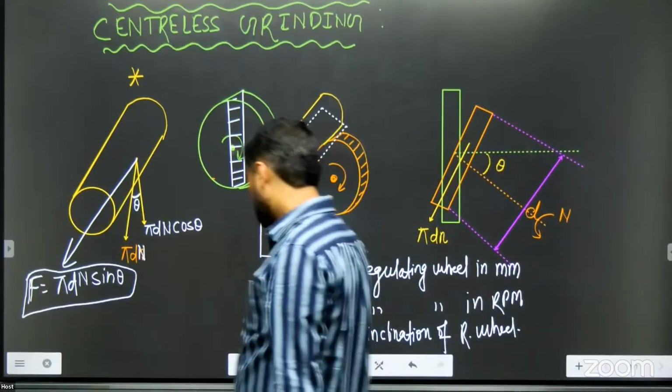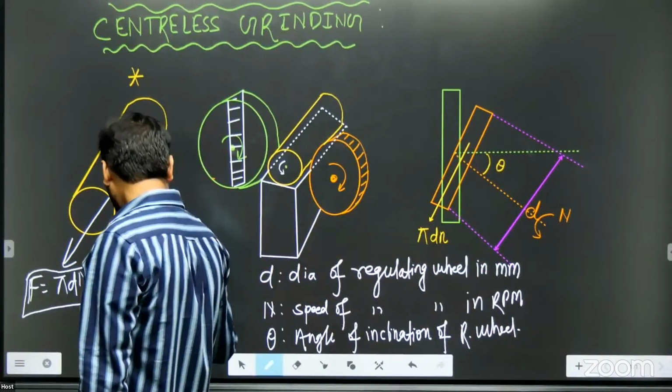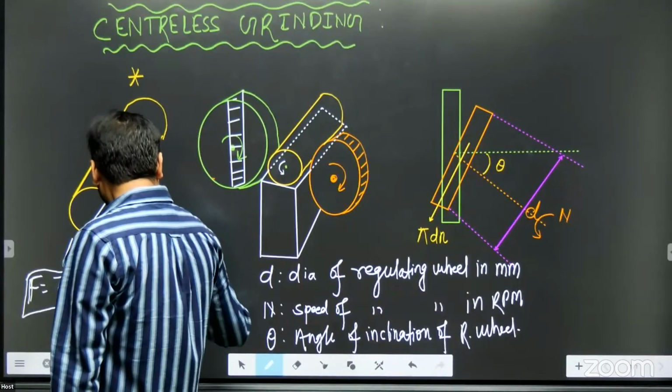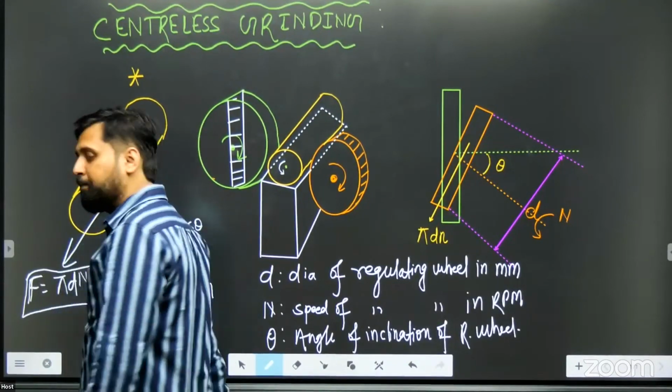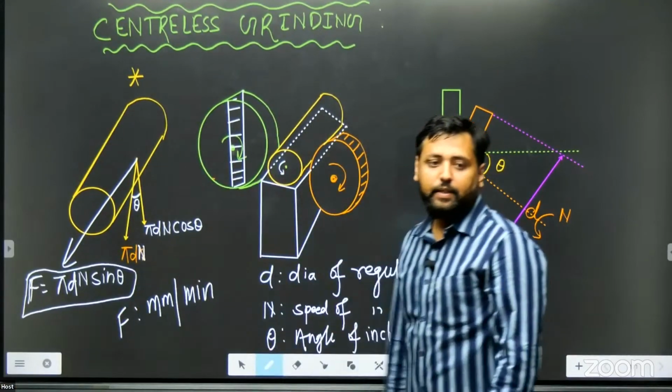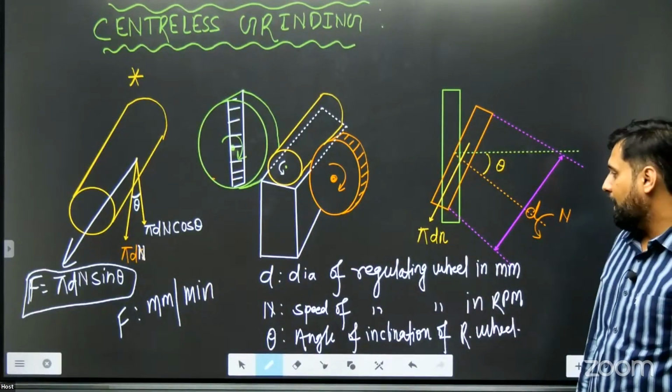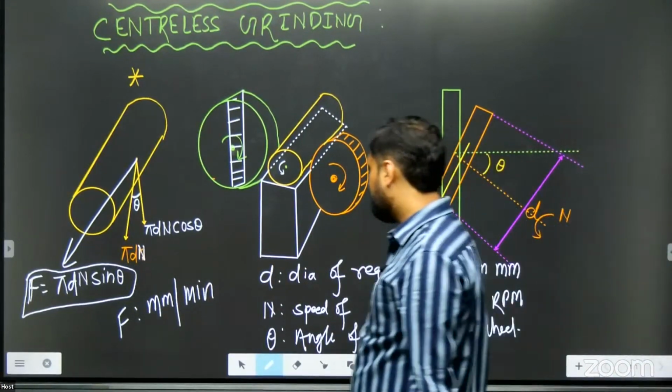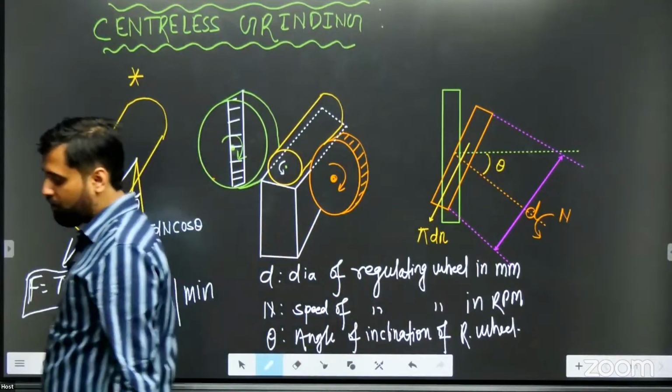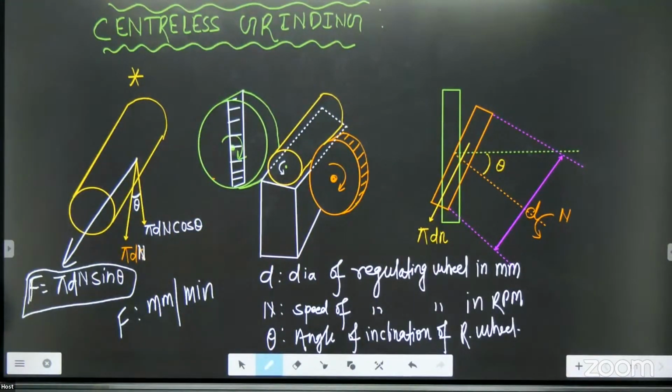So this feed will have the unit millimeter per minute. Yes, this will have the unit millimeter per minute. So automatic feed will be there in the centerless grinding process.